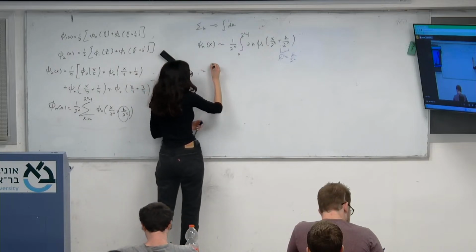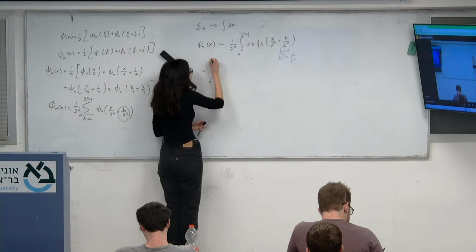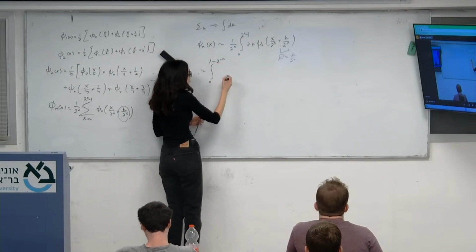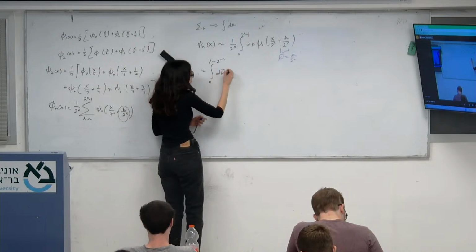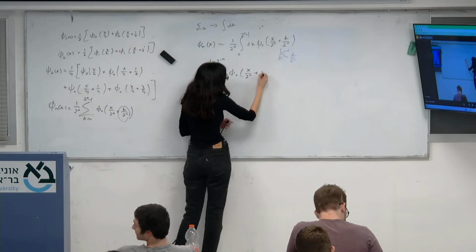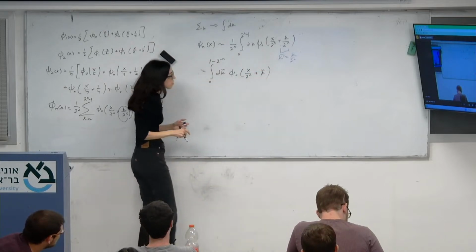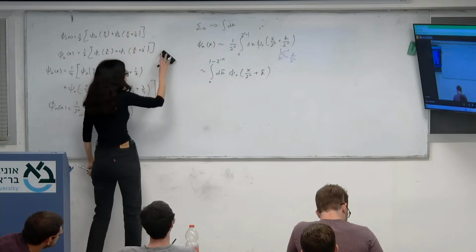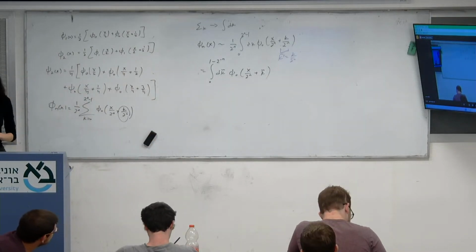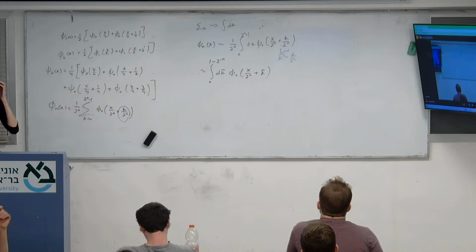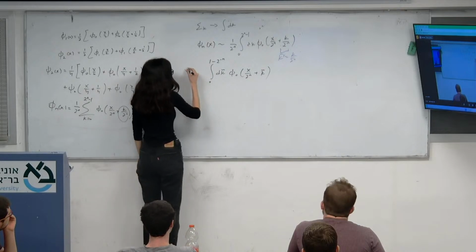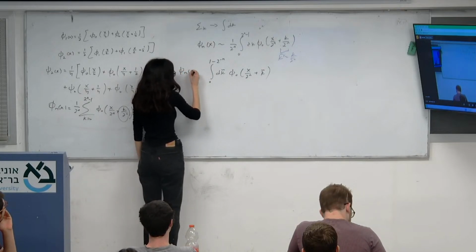So this is an integral from 0 to 1 minus 2 to the minus n, dk tilde phi 0. So this is the approximate solution of phi n of x.